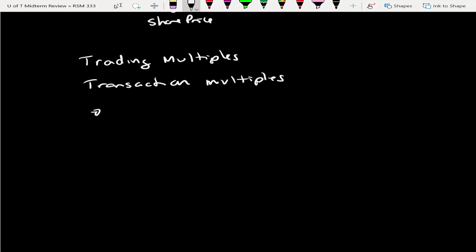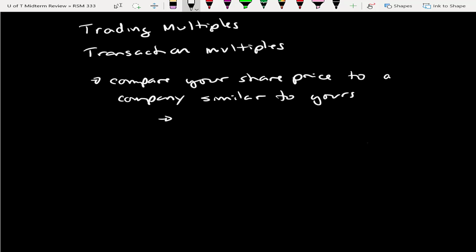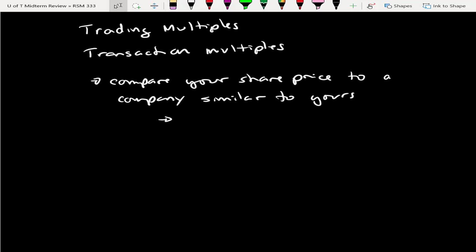And what you want to do is compare your share price, by your, I mean the company, to a company that's similar. And so if you pick an unrelated company, it's not going to be a valuable multiple and won't give you an accurate price.